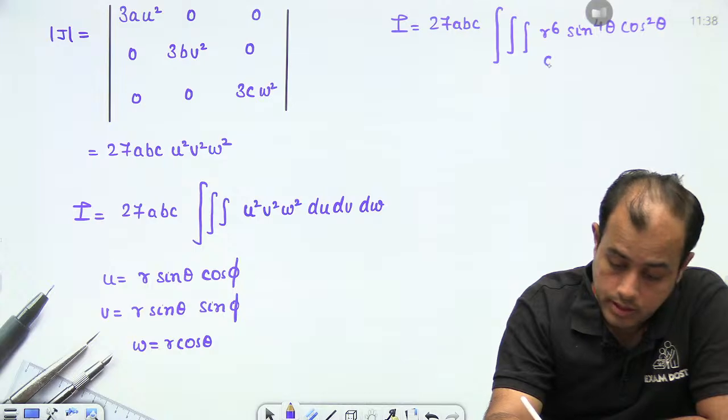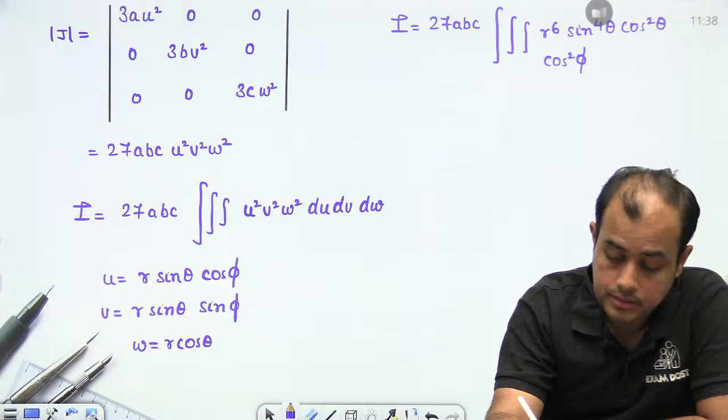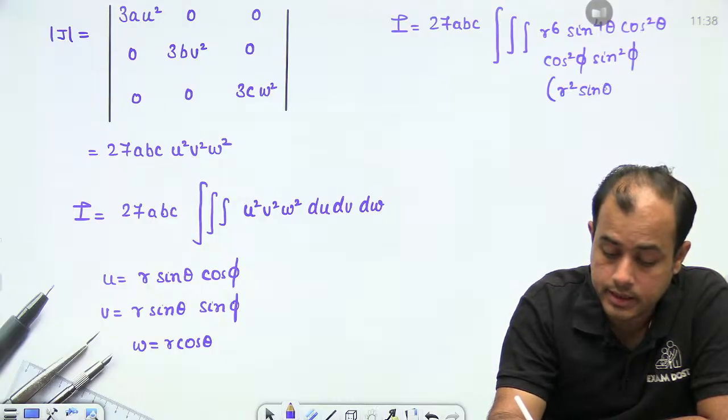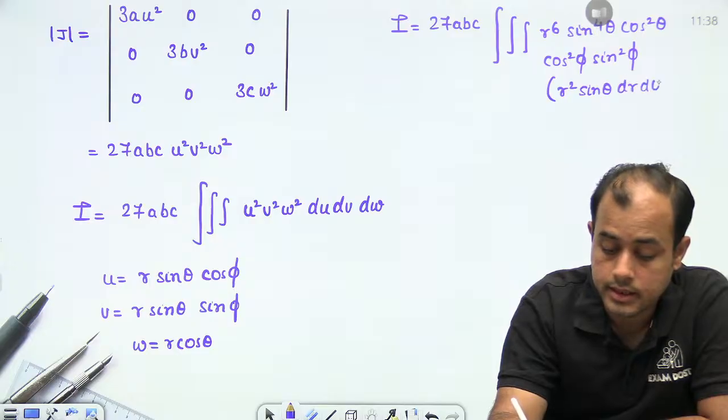Then cos squared phi sin squared phi. Then du dv dw is r squared sin theta dr d theta d phi.